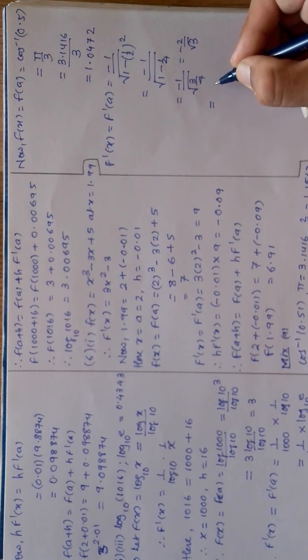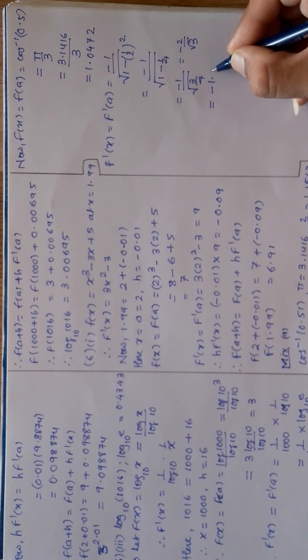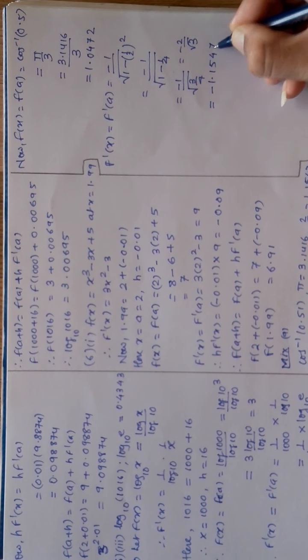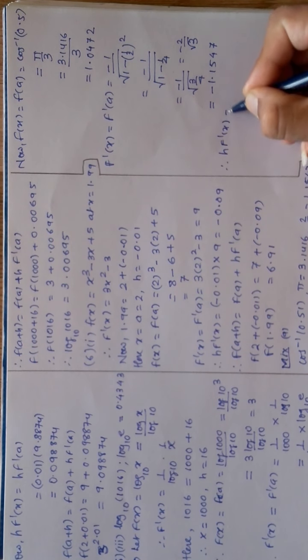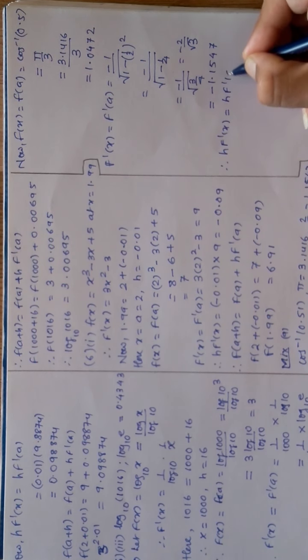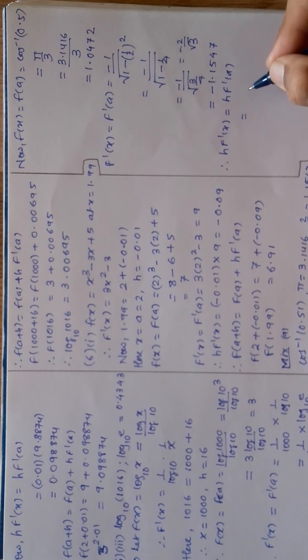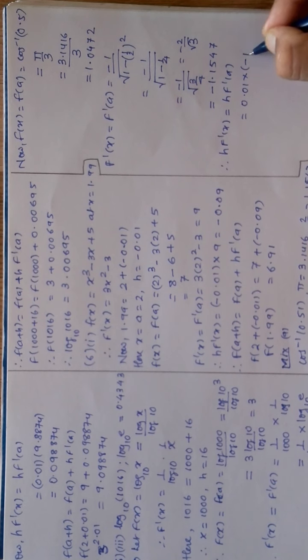So here it will be minus 1.1547. Now multiplying this by h. So h into f dash x is equal to h into f dash a. That is h is your 0.01 multiplied by minus 1.1547, which will yield you minus 0.011547.